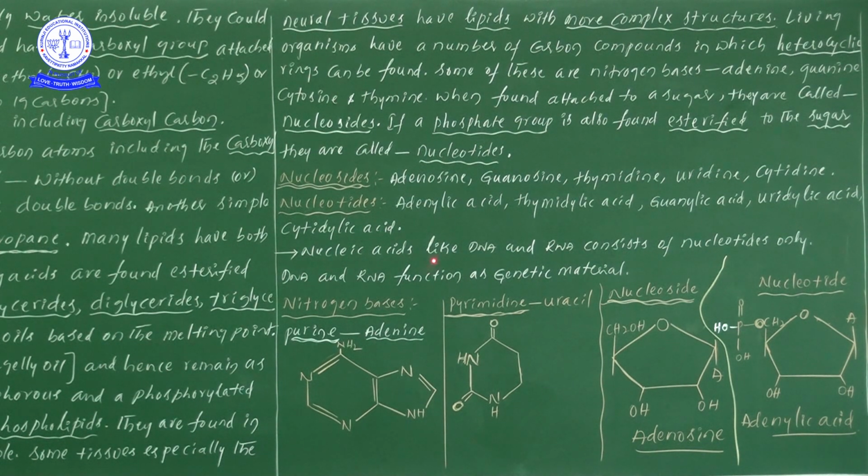Now nucleic acids like DNA and RNA consist of nucleotides only. So here we are discussing nucleosides and nucleotides, these two statements. Out of these two, which one is present in nucleic acids? In nucleic acids, that is in DNA and RNA, we will definitely observe the presence of nucleotides.